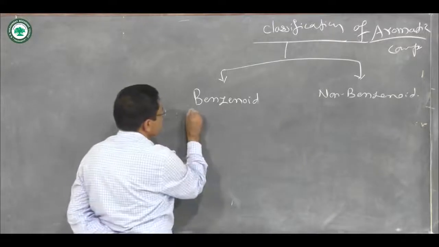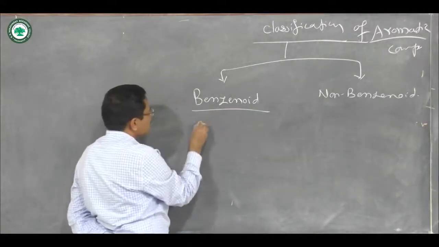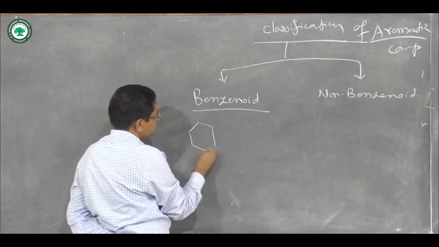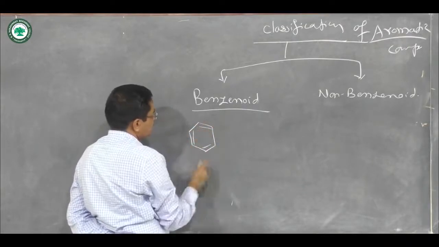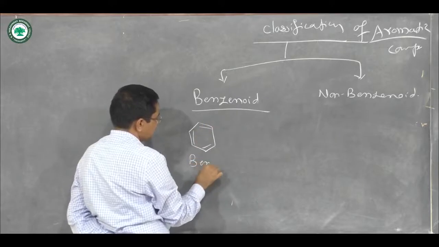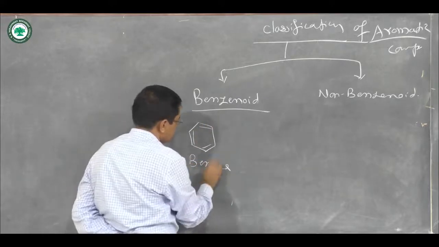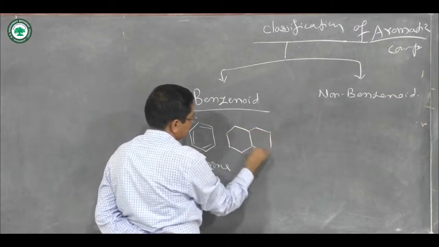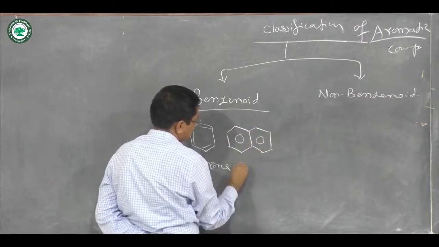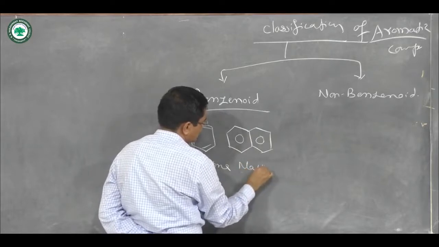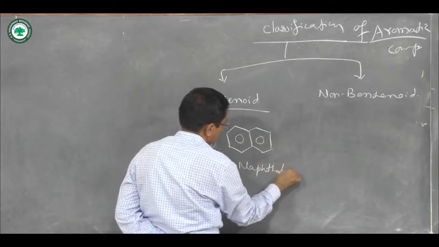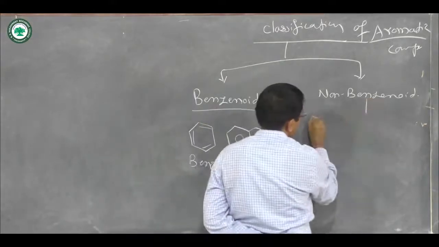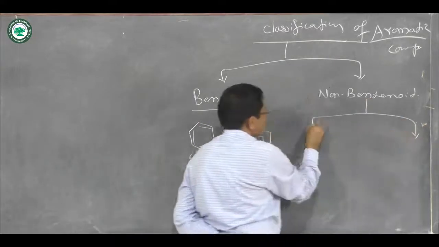Benzenoid compound means those compounds having the basic benzene ring. Like the best example is benzene, naphthalene. And in case of non-benzenoid compounds, again there are two types.